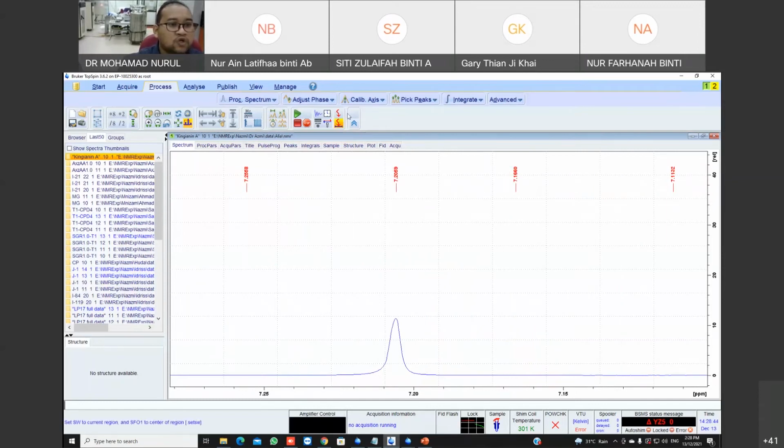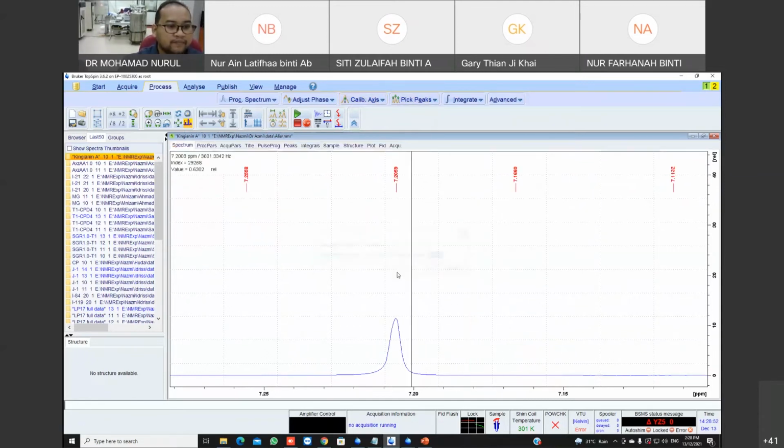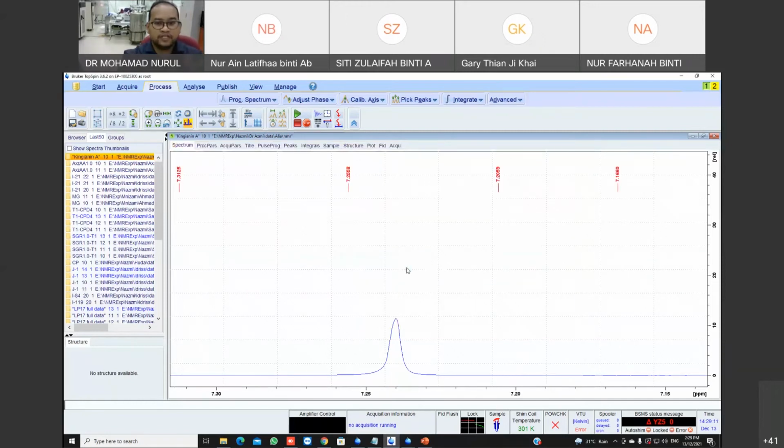You just go to the calibrate axis. Go here, click. Okay, put the correct one, 7.24, because I'm using chloroform D. Click OK. Okay, it will shift and recalculate again.